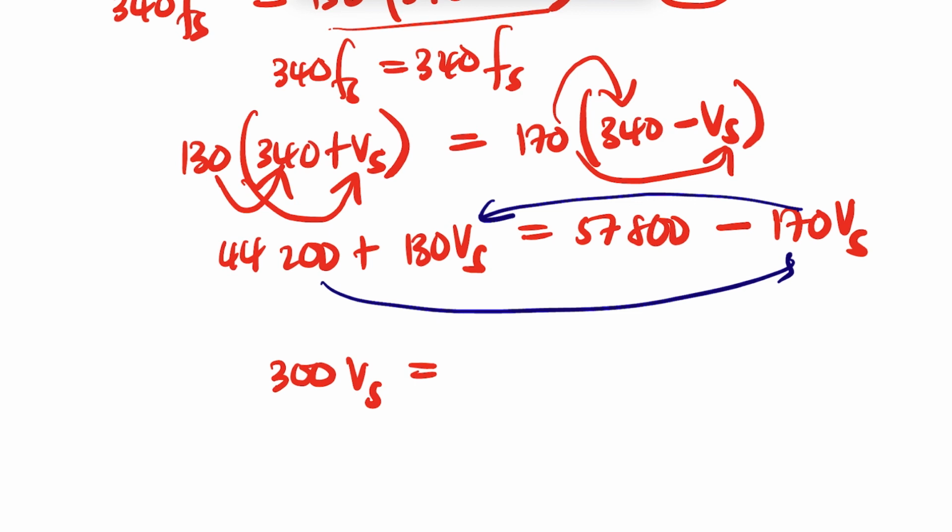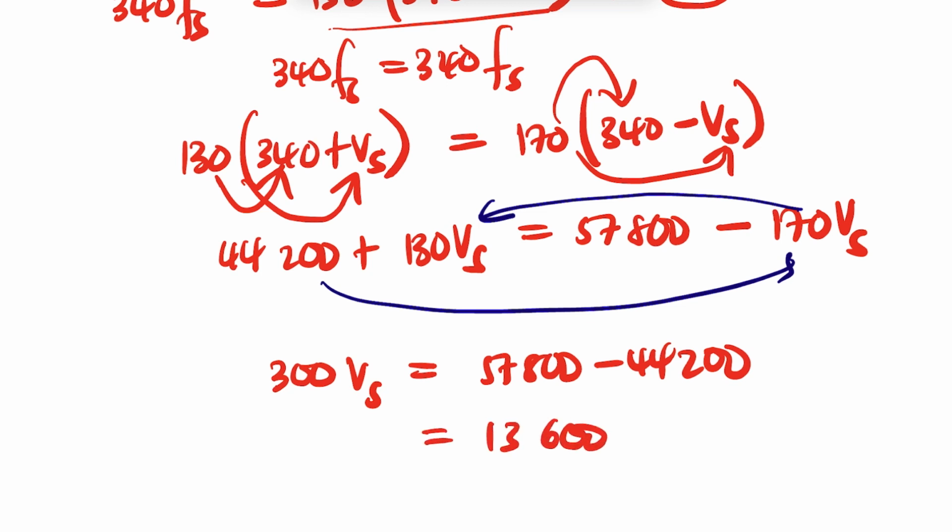Equals 57,800 minus 44,200, so the answer here is 13,600.